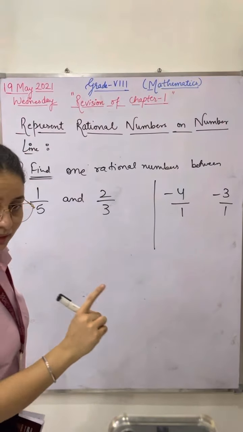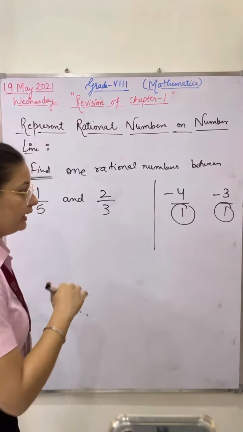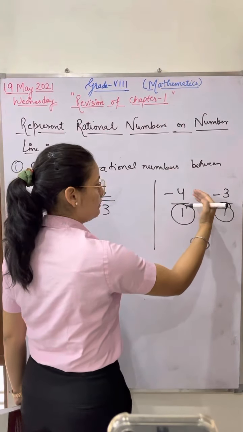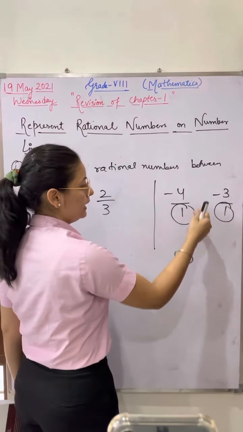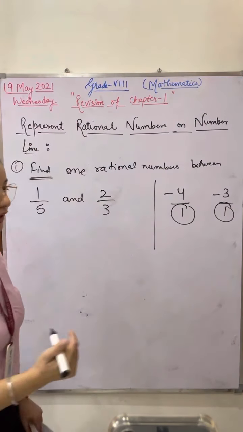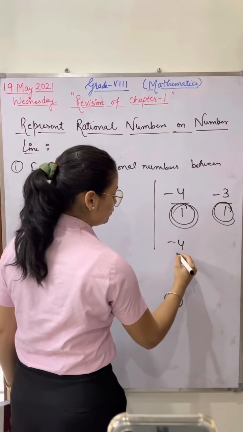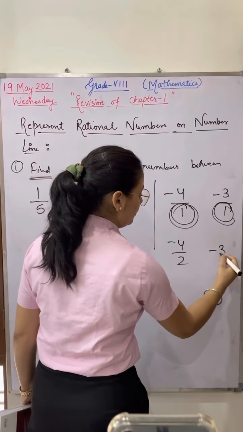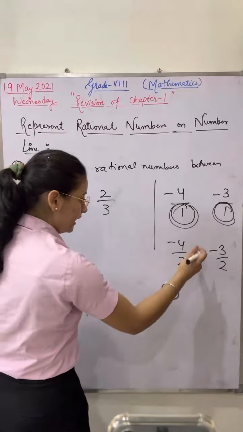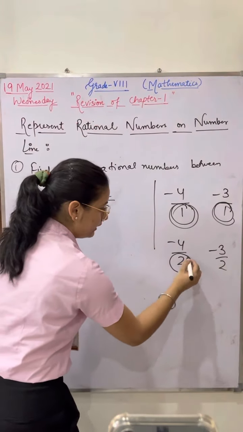At that time my denominator was absolutely the same, that's why you just have to multiply with the same number. Multiply and divide 2 by 2, 3 by 3. In this way you have to take out when the denominators are the same. If the denominator is, suppose, minus 4 upon 2 and minus 3 upon 2, again you have to multiply and divide with the same number, if the denominators are the same.